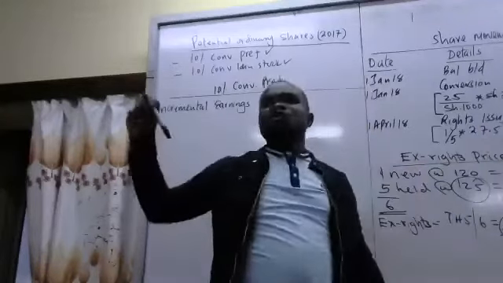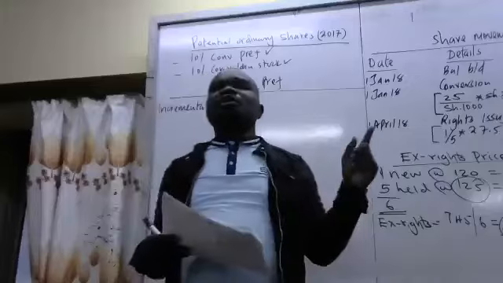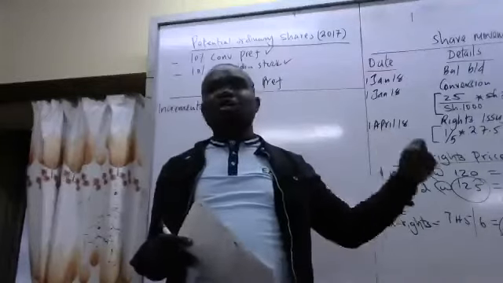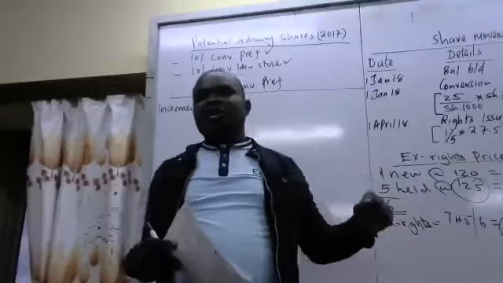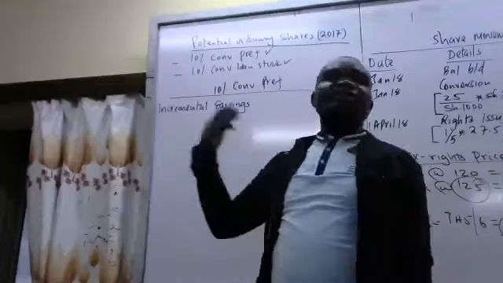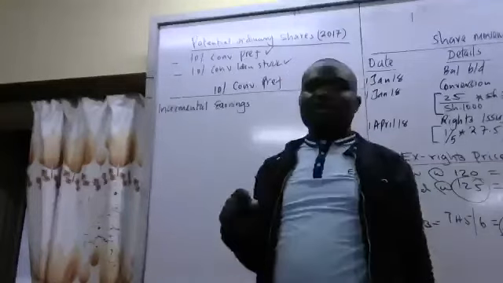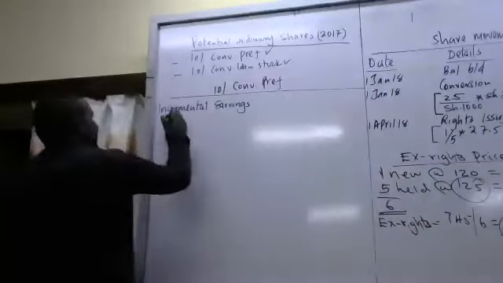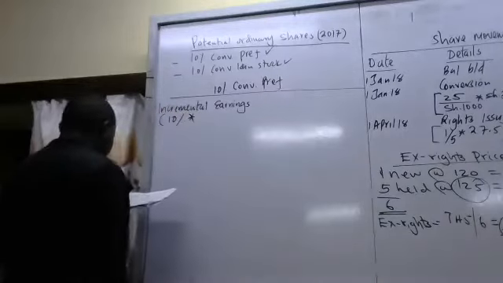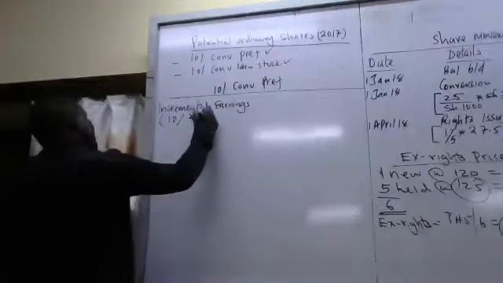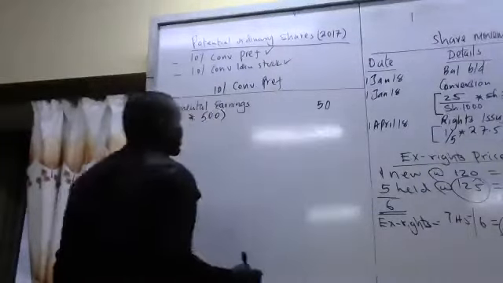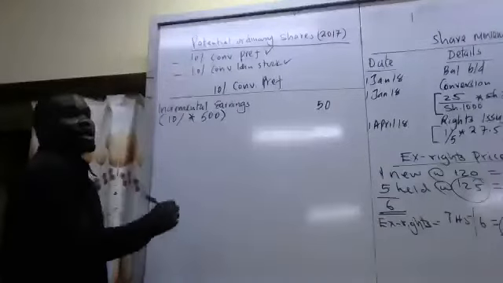Once they convert into ordinary, they will never be paid preference dividends. So the company will save that which they were being paid as preference dividend, and the company's profit will go up proportionately with that value. So for preference, just calculate the preference dividend. It is 10%. What was the value of the preference? 500. So 10% times 500 is 50.